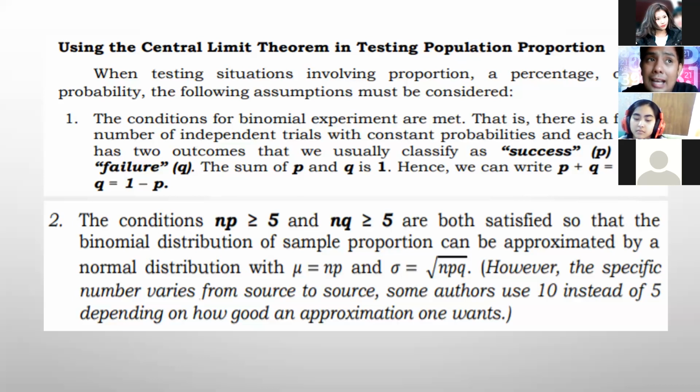Okay? Di ba dun sa dati, ang limit lang ang sinabi natin, at least 30 magiging z-test. Pero kapag binomial ang ating experiment, may certain amount na kailangang masunod. Paano natin malalaman kung tama or na-meet natin ang certain number of sample para maging normal distribution?